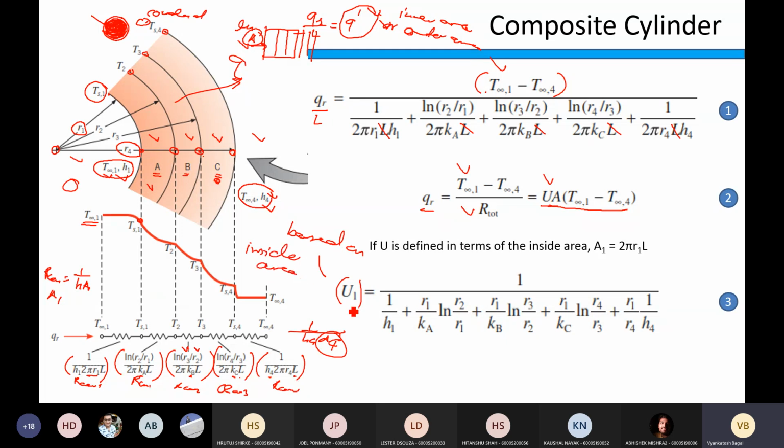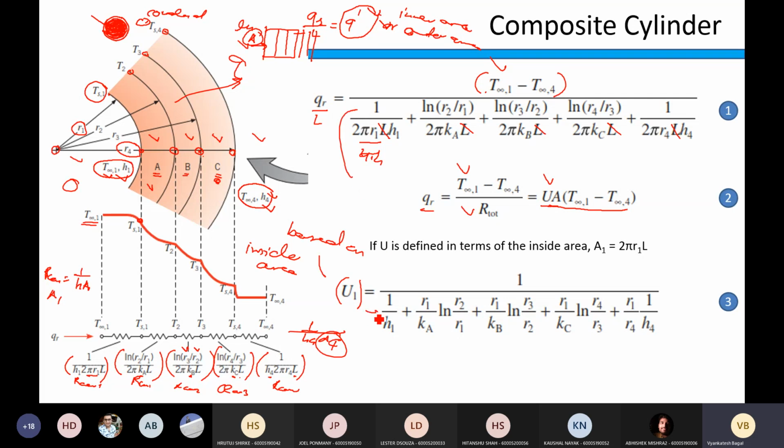The expression for U1 will look like this, 1 upon, write down this. The same terms are there. The only thing is, when you say it is based on the inner area A1, all these terms are divided by 2 pi R1 L. Look at this, 2 pi R1 H1. This will be divided by 2 pi R1, then this will go out, so only 1 upon H1.